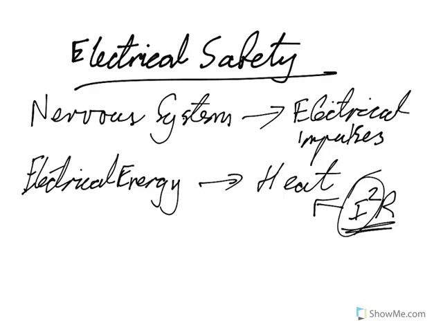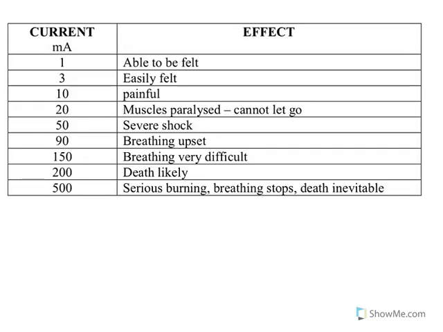The human body, for example, is quite variable in its resistance, depending on whether we're damp, just got out of the shower or out of the beach, or whether we're super dry, whether it's a humid day, all sorts of things. So this little table graphic shows you the effect on the human body of certain currents.